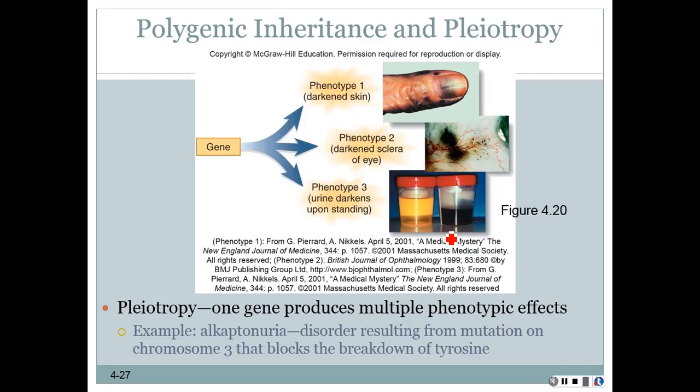Now, urine also turns black when exposed to air. Now, in addition to darkening, damage also occurs in the joints, heart valves, and other internal organs. Now, sickle cell is another example of pleiotropy.